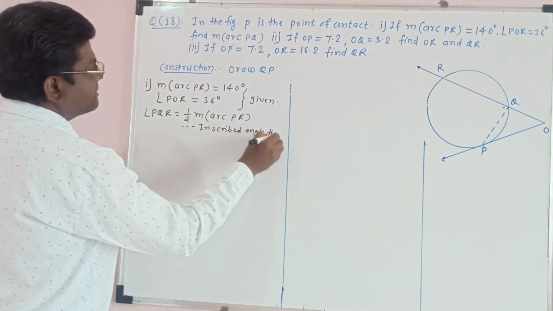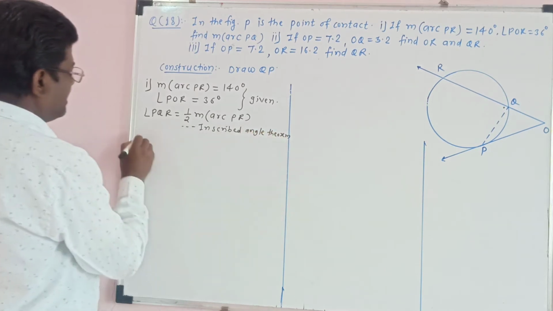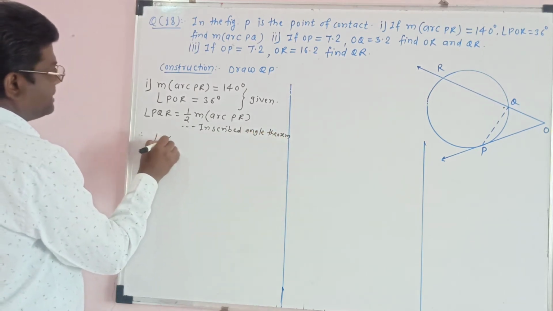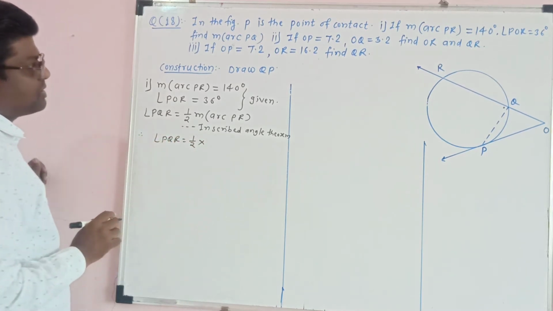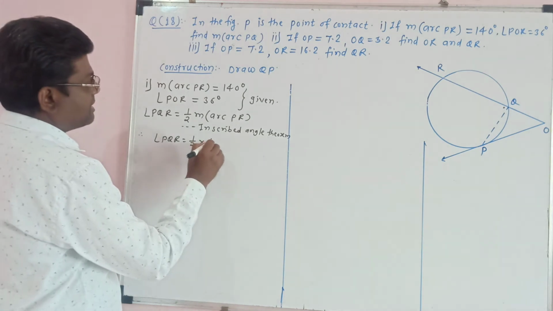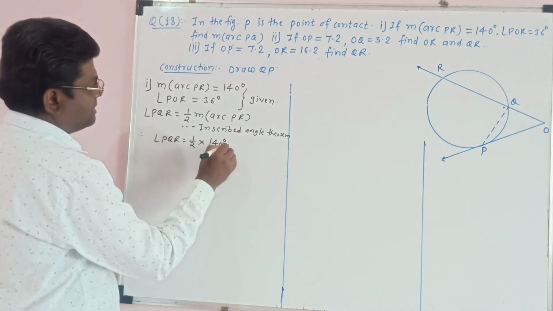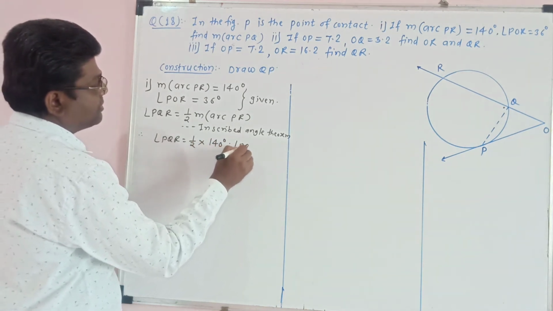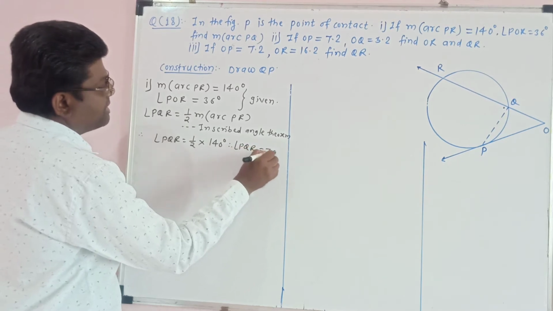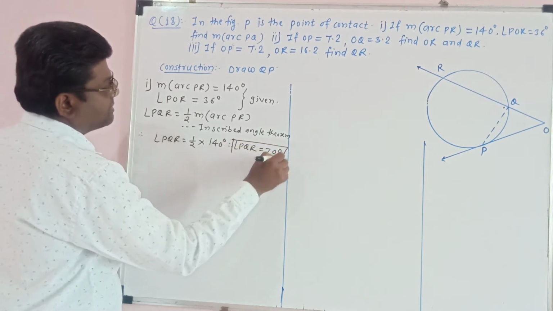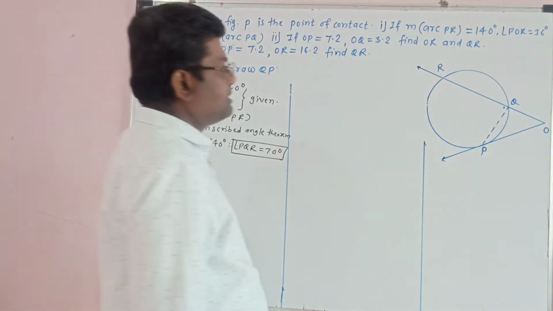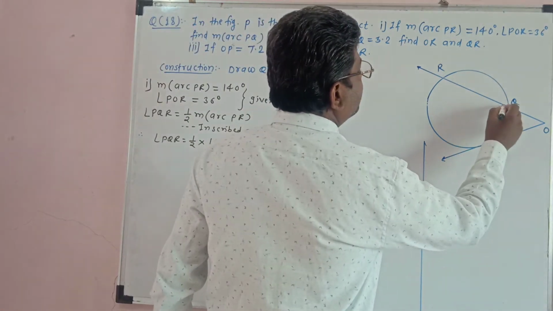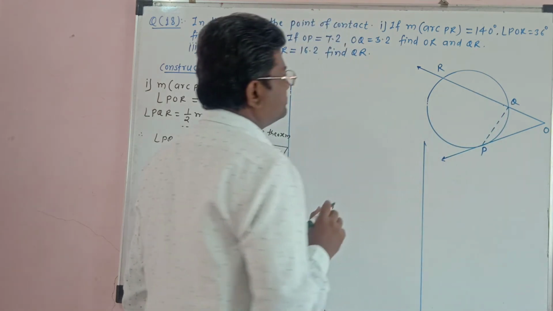Therefore angle PQR is equal to half into measure of arc PR, which is 140 degrees. Therefore angle PQR is equal to 70 degrees. So this angle we get here 70 degrees.